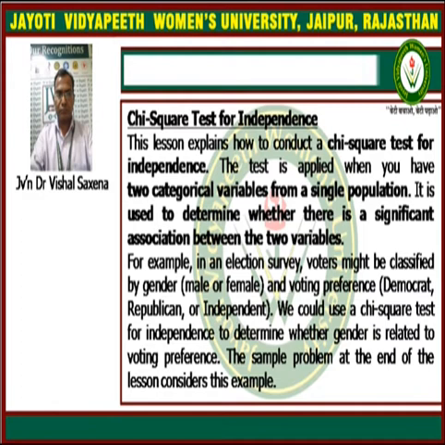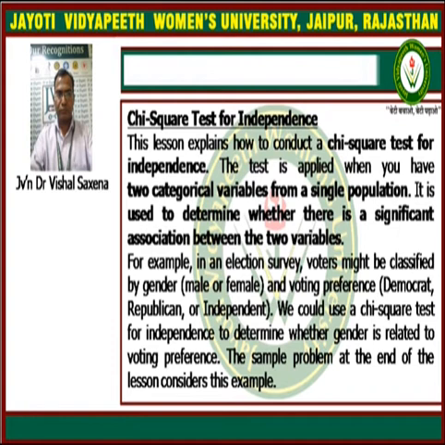So in this test there are two categorical variables from a single population, and this test can be used to determine whether there is a significant association, meaning a relation, between the two variables or not, meaning whether they are independent or not independent.